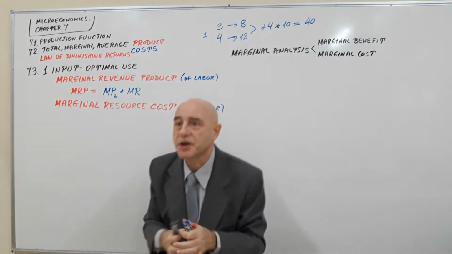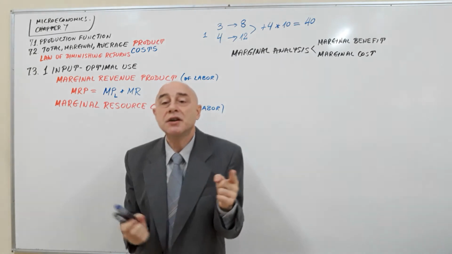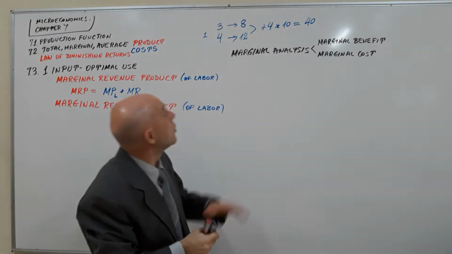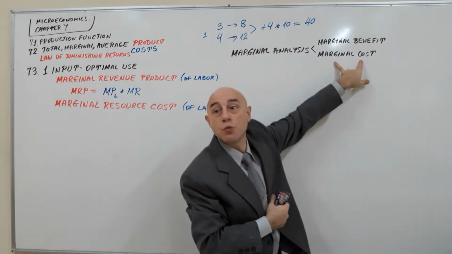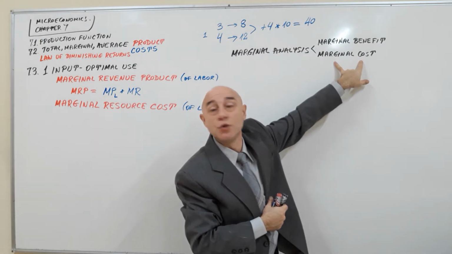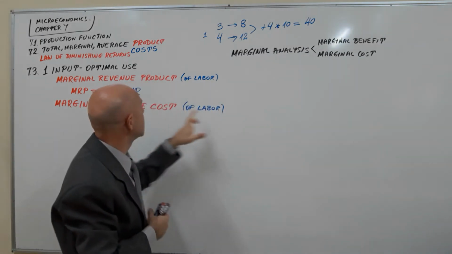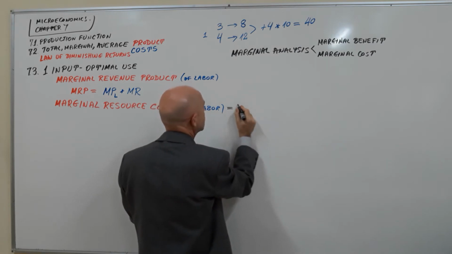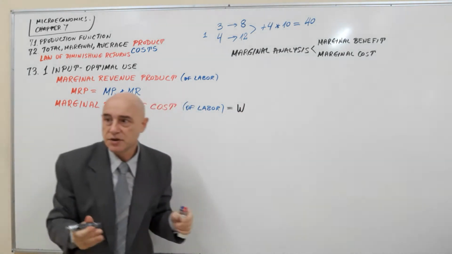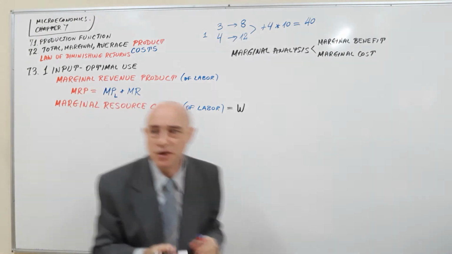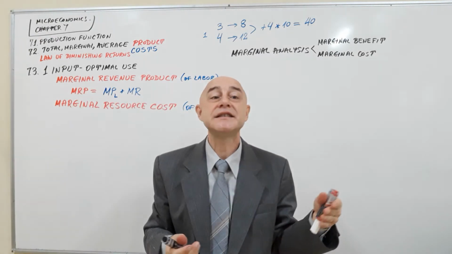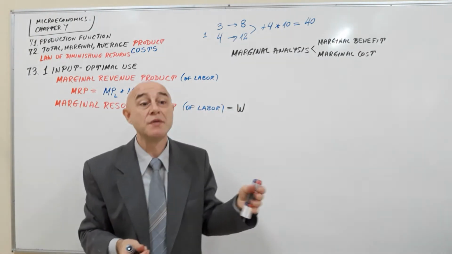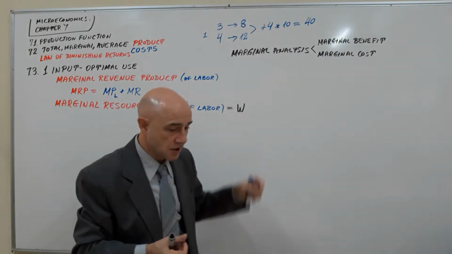In this particular case, of one extra worker. So, what is one extra worker going to cost me? Well, the marginal resource cost is simply the wage, equal to W. Just the wage. In other words, it's just one salary, 1 day salary or 1 month salary. That's the cost.